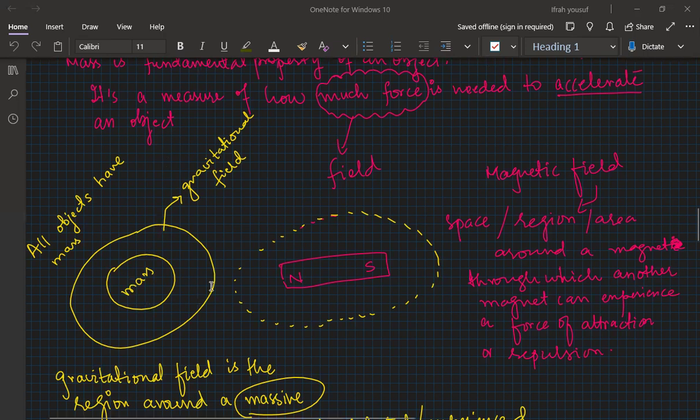Instead of having a magnet, we have a planet or an object, but the object should be a massive one that has a huge mass. Around that object, the gravitational field can be experienced by another object.